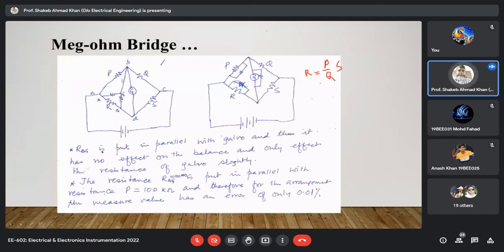With this connection of the guard terminal, the resistances between the guard terminal and the main terminals of the resistance are now connected across P and across the galvanometer. RBG will appear across the galvanometer, and RAG will appear across P. So what will be the effect on the measurement? Again, we will try to find out.